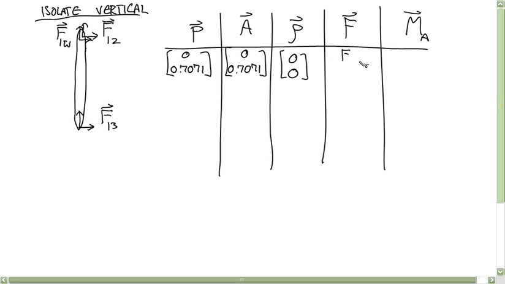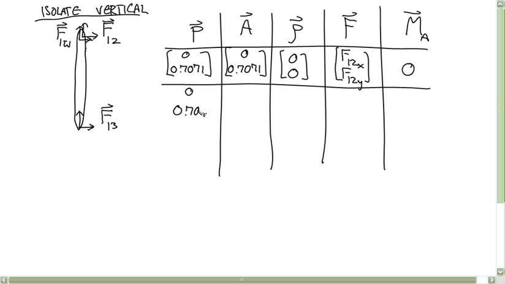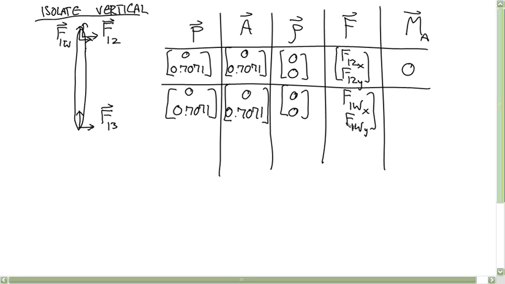I guess the first one I'll put in is F12. No moment. And next, F1W. It's applied at the same point. The about point is the same. So rho is 0. F1W, so 0 moment.